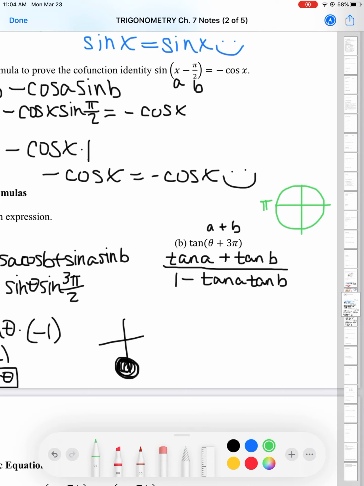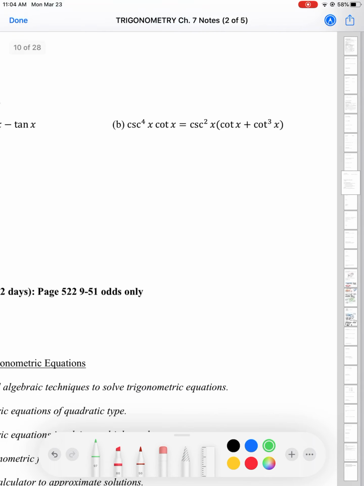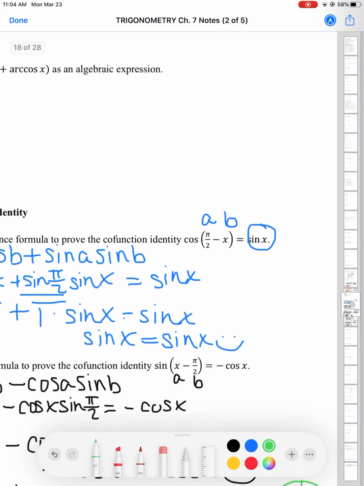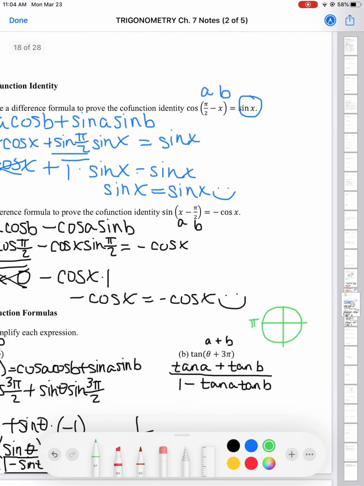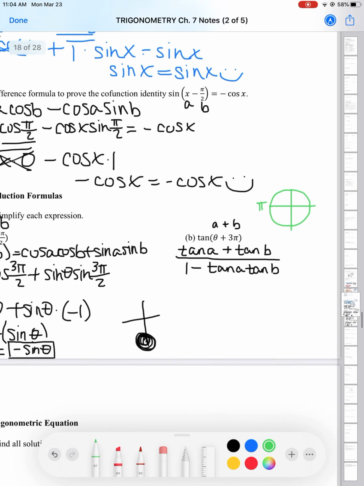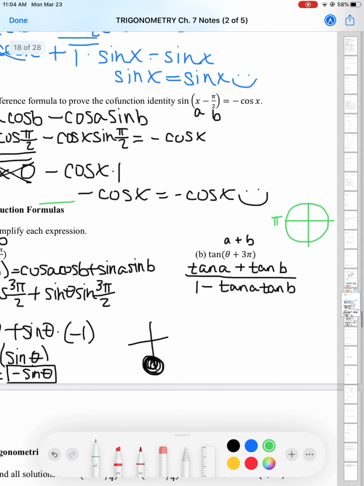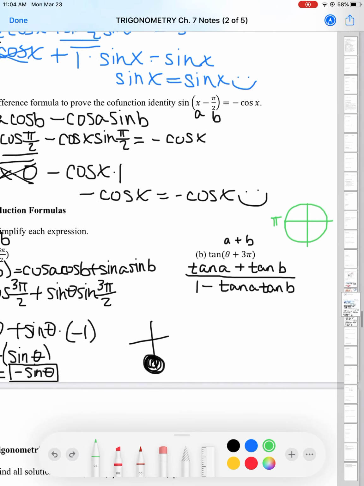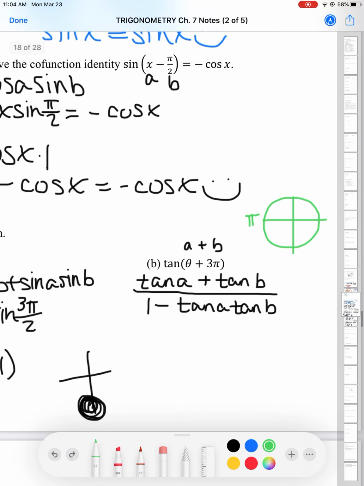a whole revolution, oh no, what did I do? Oh, here I am. Sorry guys, I keep hitting random buttons. Probably making you guys dizzy. If I just go around a whole revolution, 2 pi, well, pi plus 2 pi would give me 3 pi, and I would end up right back here at pi.